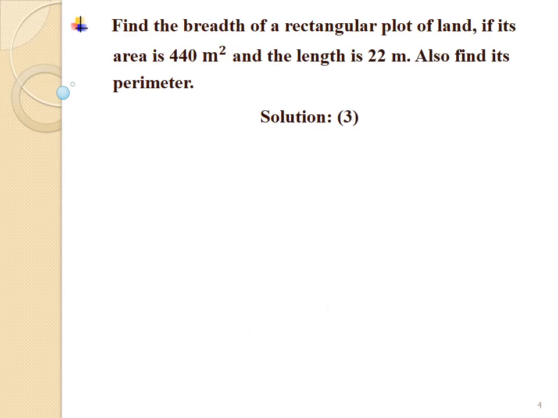Now, question number 3. Find the breadth of a rectangular plot of land if its area is 440 square meters and the length is 22 meters. Also, find its perimeter. Students, in this question, we have to find the breadth and perimeter of a rectangular plot of land, and we have been given area of a rectangular plot of land.